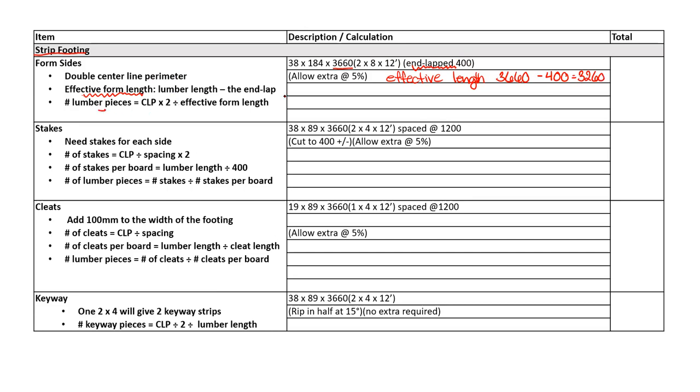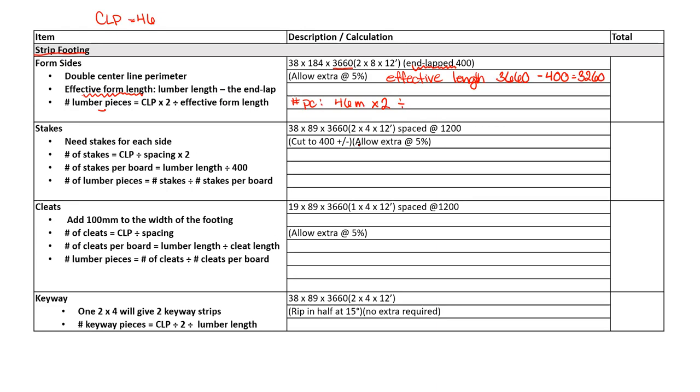Now we can calculate the number of pieces of lumber. The number of pieces takes our center line perimeter, which was 46, and maybe we'll just write that up here just so we have it for reference. So the number of pieces is 46 meters times 2, because it goes on both sides, divided by the effective length.